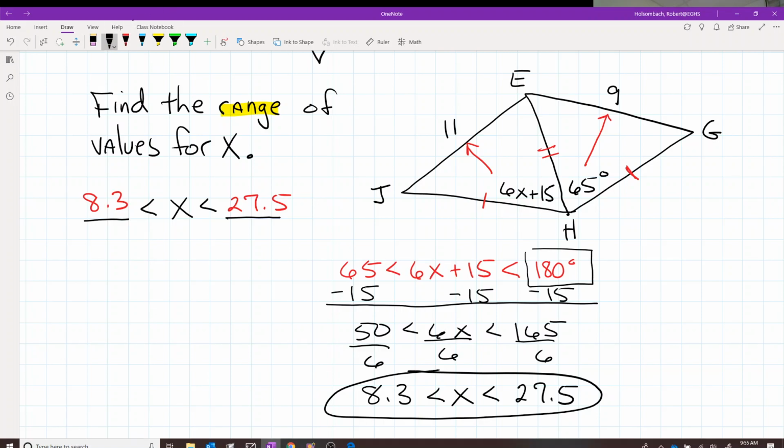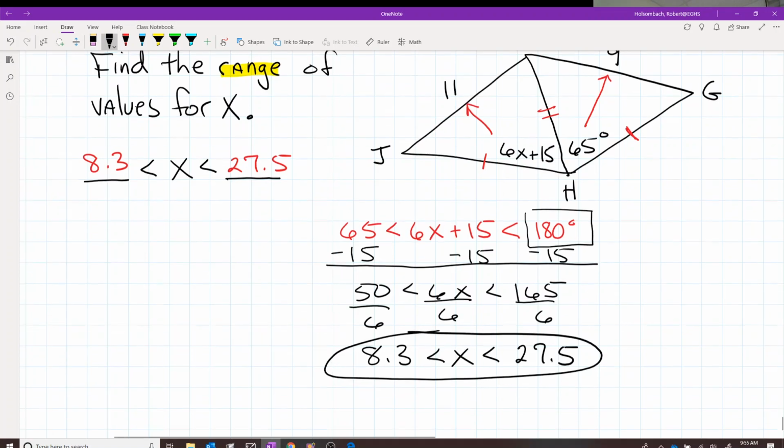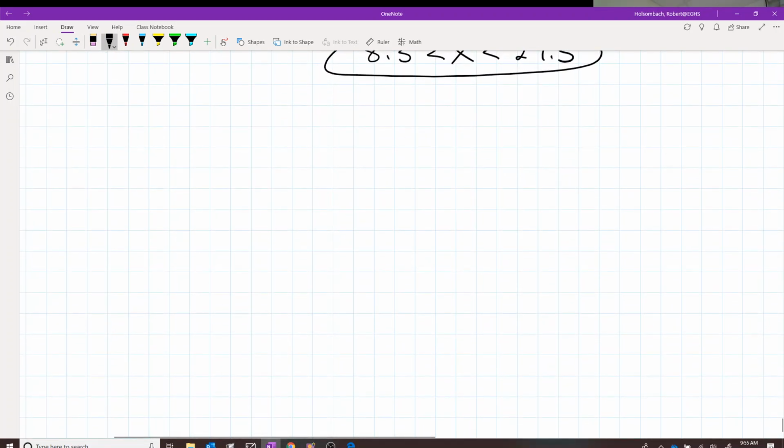So let's look at the example right below that, the bow tie. And it looks like this.